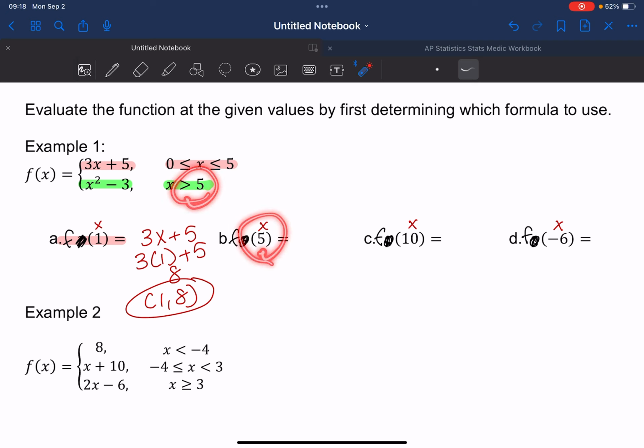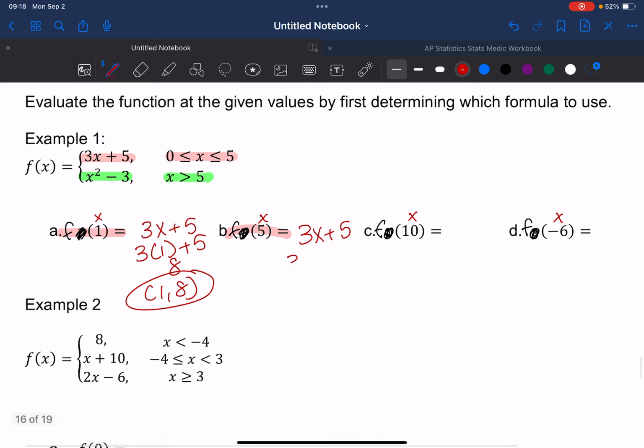Okay? But 5 is equal to 5. So again, we're going to evaluate this on the pink expression. So we have 3x plus 5. Instead of x, I'm going to put 5. 3 times 5 plus 5, which I get 20. So I have the point 5, comma 20.